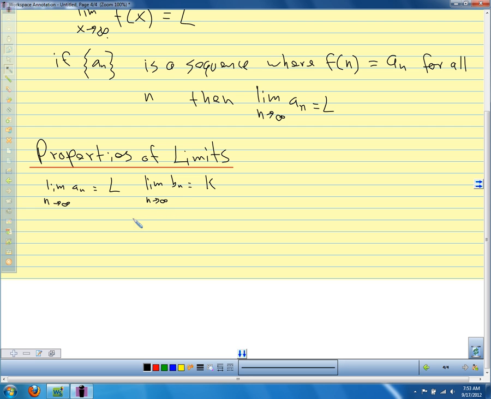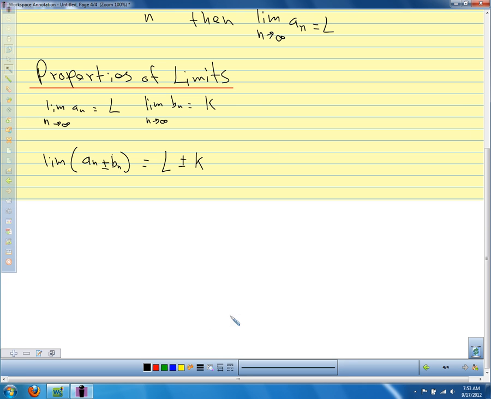So the limit of the sum or the difference of our sequences is just the sum or difference of the limits. And we're assuming that we're talking about the limit as n approaches infinity for all of these.